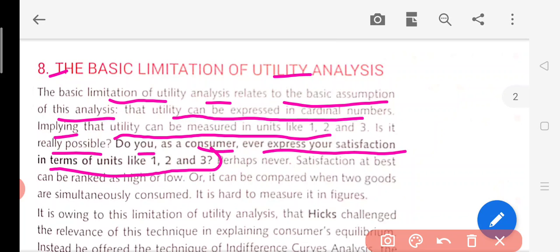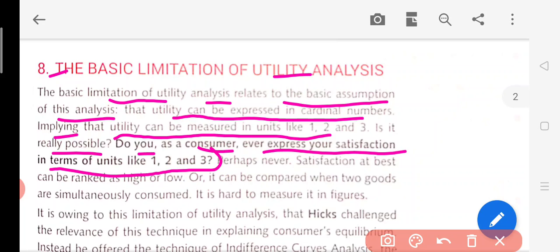Suppose you are going to the market and you are purchasing a chocolate. After eating that chocolate, have you ever said that you have got satisfaction of 10 utils? What do you say at that time? Definitely at that point of time you will say that you liked it very much. Or sometimes, if you are having chocolate every day, then it's a normal thing for you.